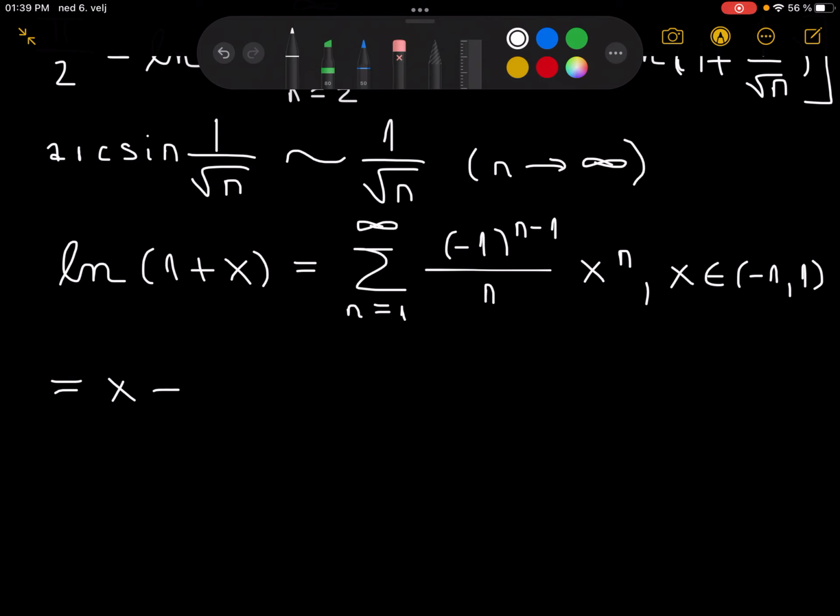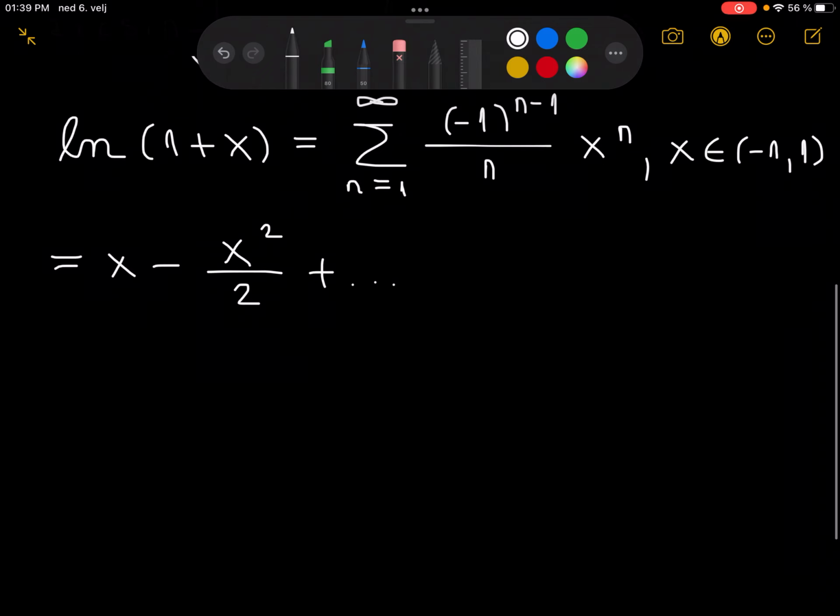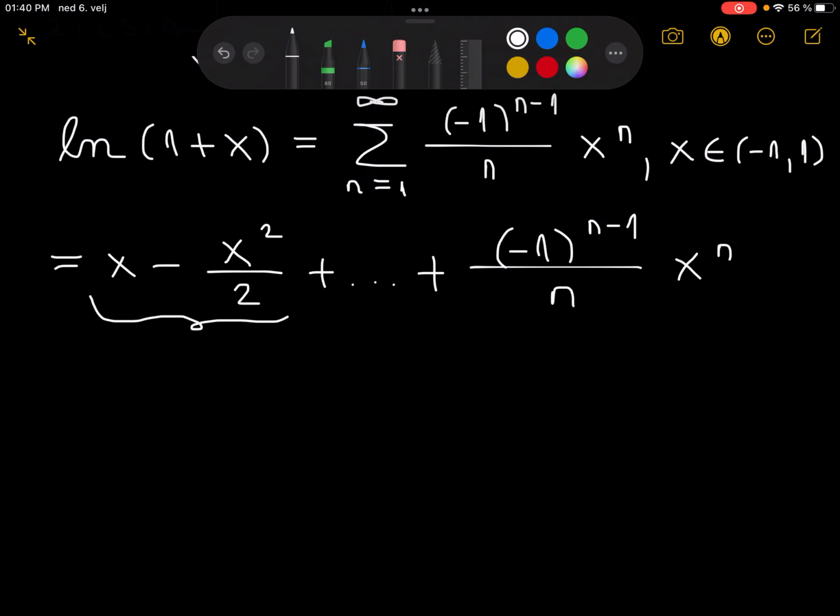Then we're going to have a minus of x to the second power over 2, and so on, plus minus 1 to the n minus 1 over n times x to the n. We're going to be needing just the first two members.